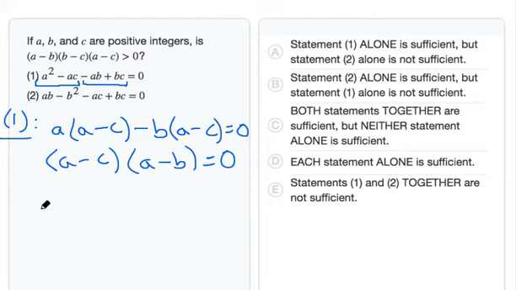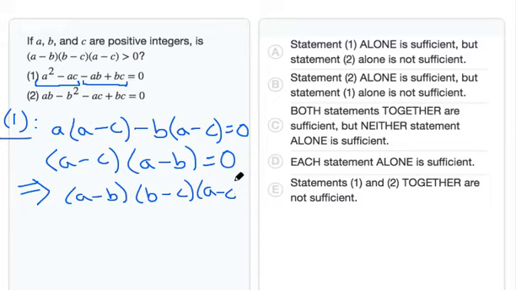Now let's take a look at the inequality that we're given. The inequality is (a minus b) times (b minus c) times (a minus c), and we're asked whether it's greater than 0.